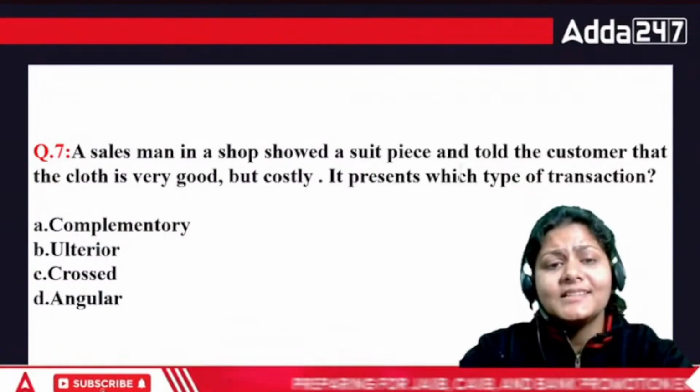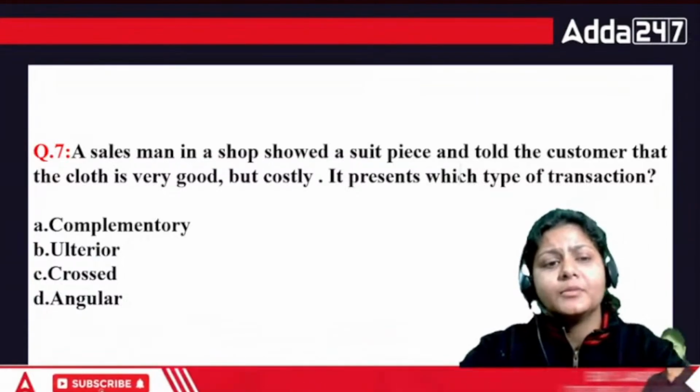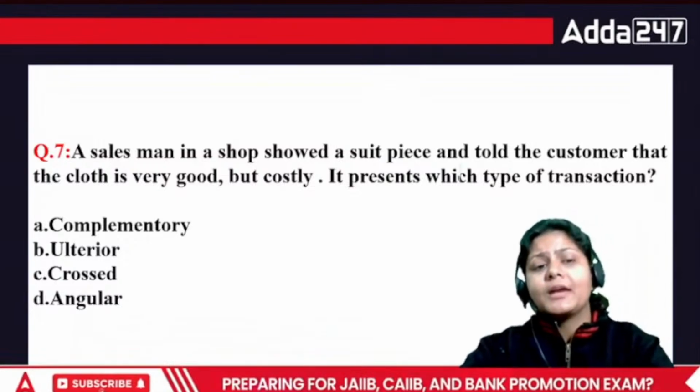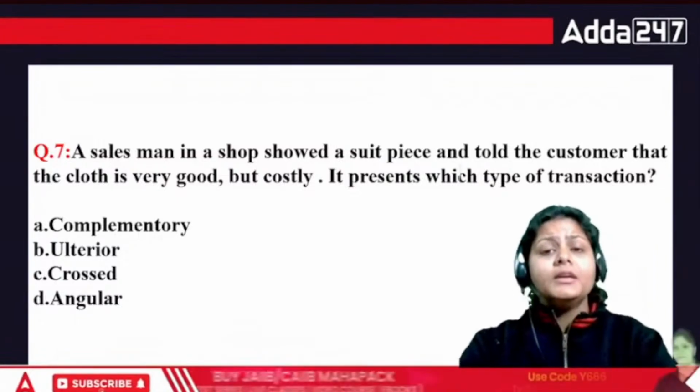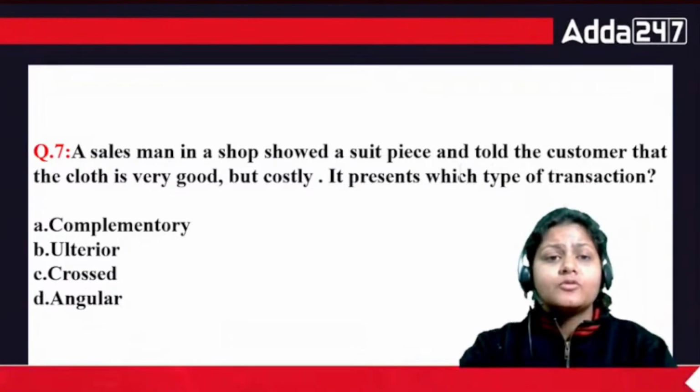Next is: a salesman in the shop showed a suit piece and told the customer that the cloth is very good but costly. It represents which type of transaction? This question is from transactional analysis.